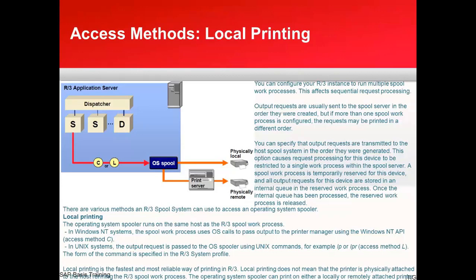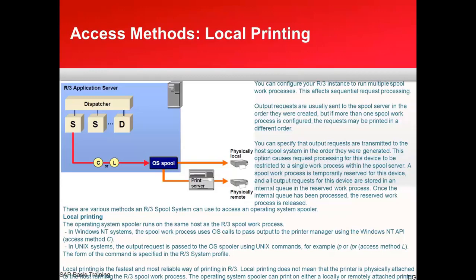Output requests are usually sent to the spool server in the order they were created. But if more than one spool process is configured, the requests may be printed in a different order. You can specify that the output requests are transmitted to the host print server in the order they were generated. So it's an option basically.